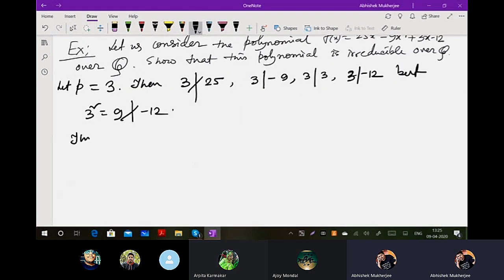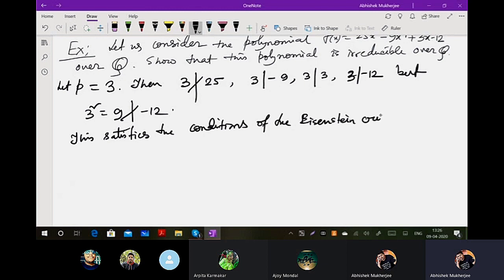So this satisfies the conditions of the Eisenstein criteria, and hence it is irreducible over Q.